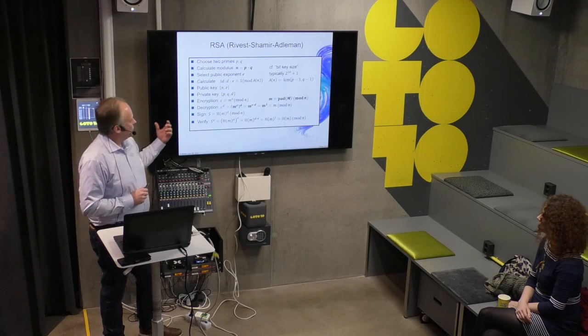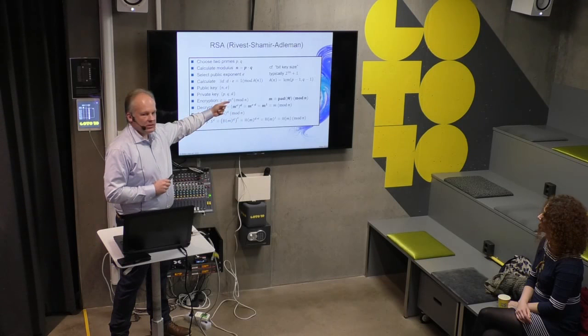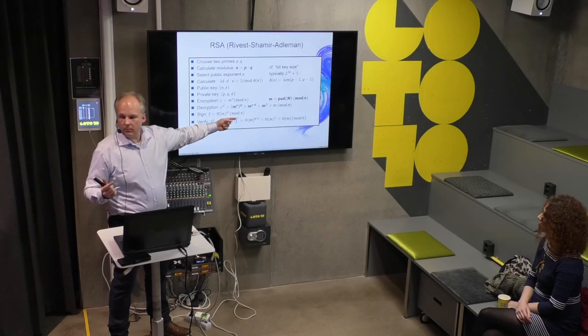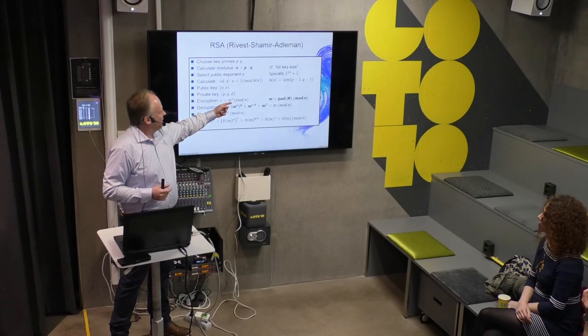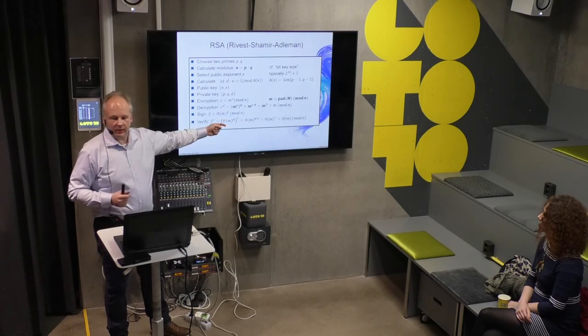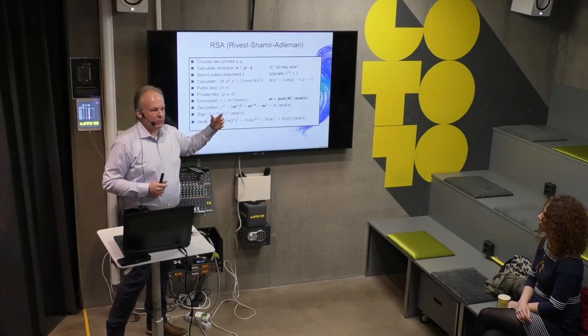The second thing is, when we encrypt, if we have a message M, we convert all messages into numbers, and we can take our message to the power of an exponent that is predefined, and we do what's called modulus calculus.